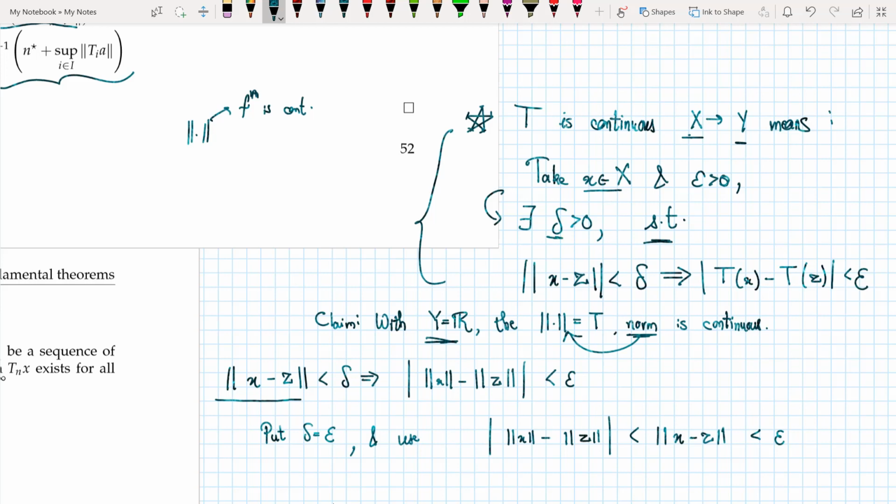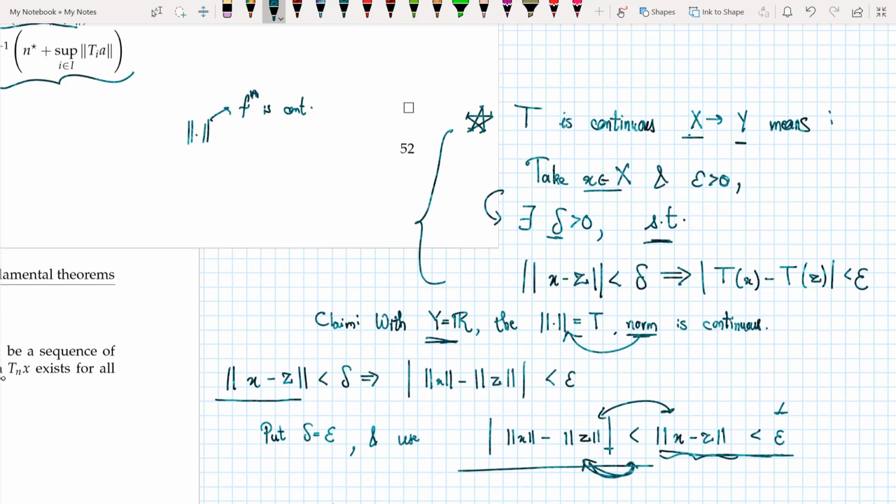So if you look at the reverse triangle inequality, and I take my delta to be epsilon, then if norm of x minus z is less than epsilon, using the reverse triangle inequality I can say that the absolute difference of norm x and norm z is definitely less than epsilon. What I wanted to prove was, if this is less than delta, so in this case my delta is epsilon, then the implication is that this is also less than epsilon. But this is the result which I know holds true because of the reverse triangle inequality.